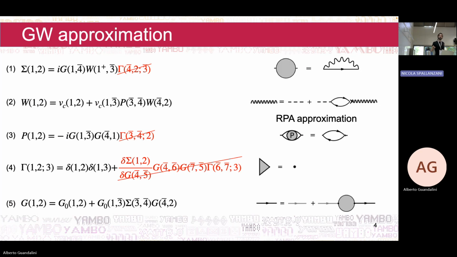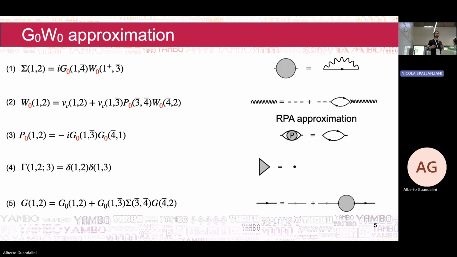But actually, these now 4 equations, because equation 4 is trivially solved, must still be solved self-consistently. And this causes some complications, and there are other reasons, but in practice, what Yambo does is the so-called G0W0 approximation, where both the G in the polarizability, thus in W, the screened interaction, and in the self-energy, are those of your starting point, that in our case is density functional theory.